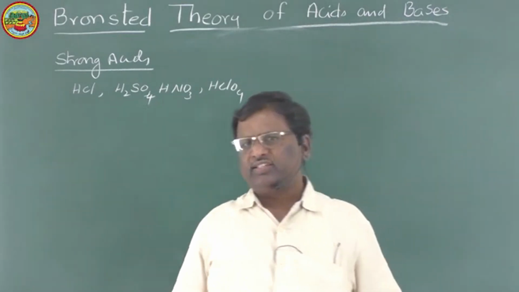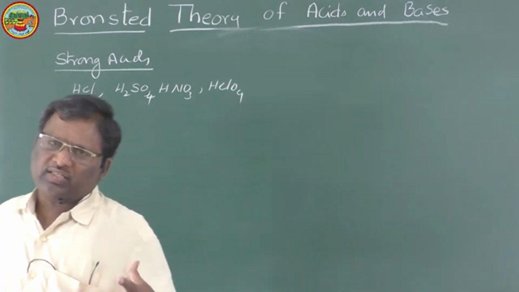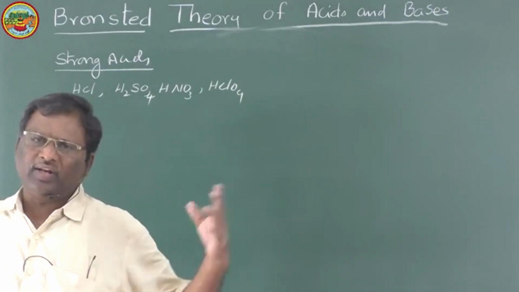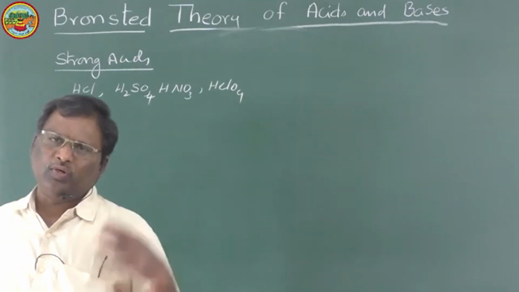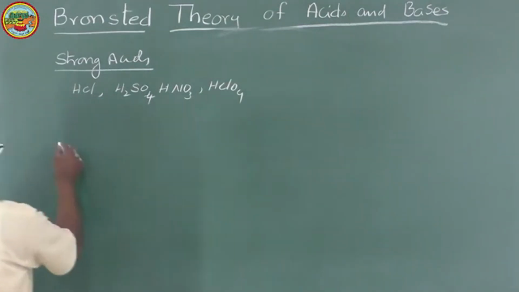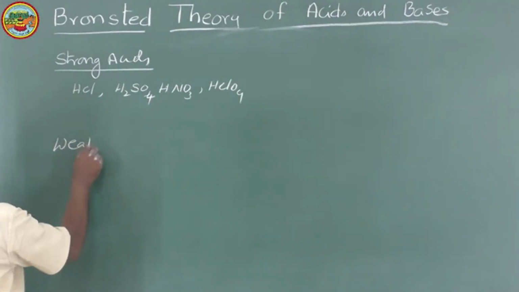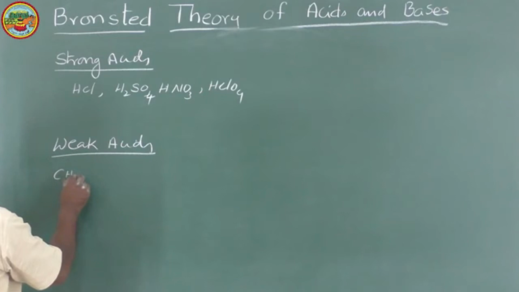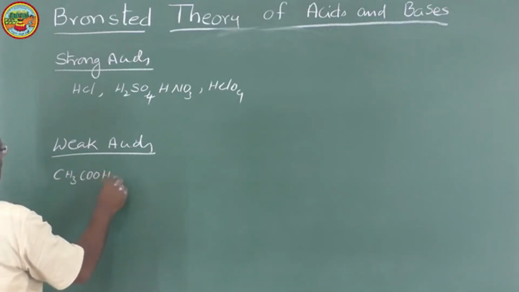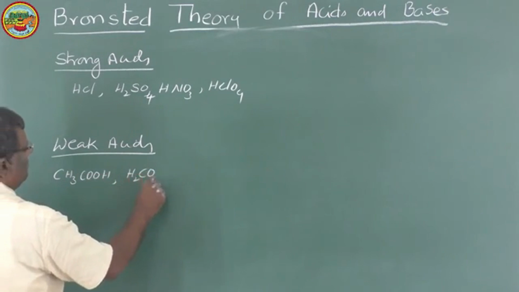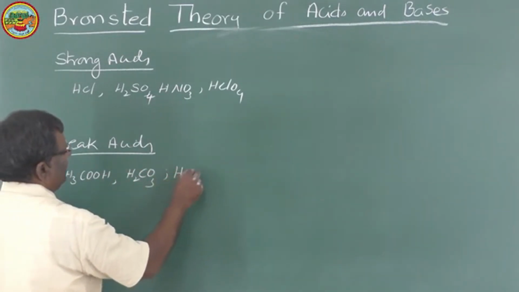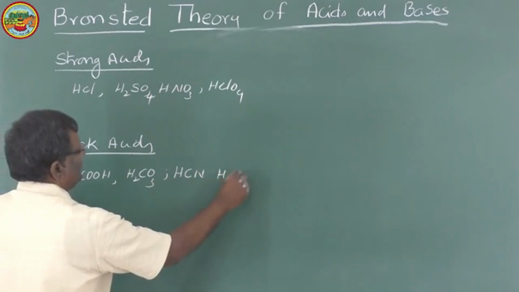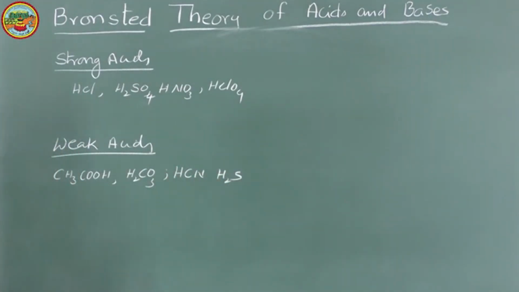Similarly, weak acids, those species which do not easily donate a proton, are not ionizable, are considered as weak acids. Weak acids examples: CH3COOH, H2CO3, HCN, H2S, etc. Here you may have doubts.